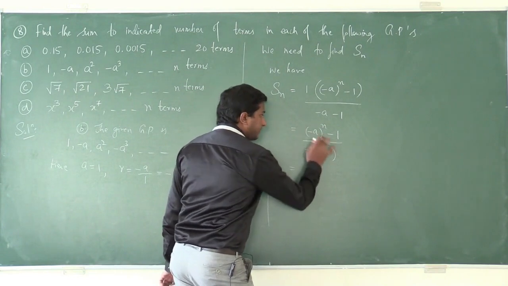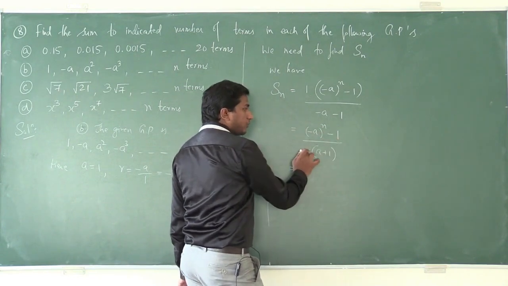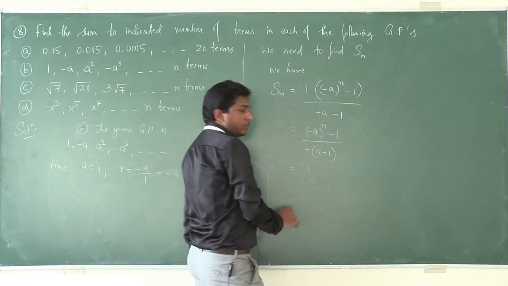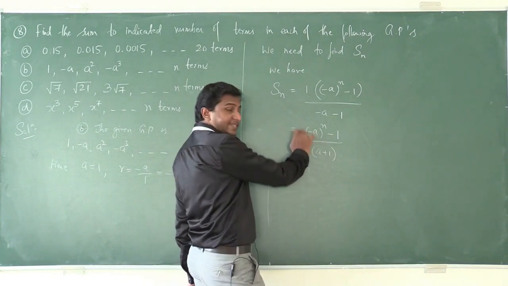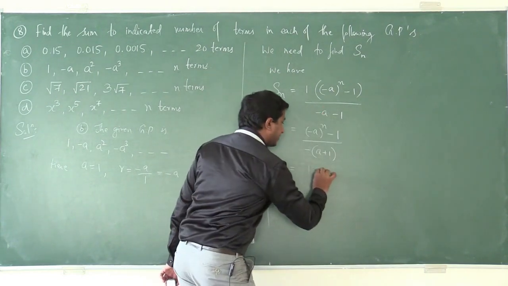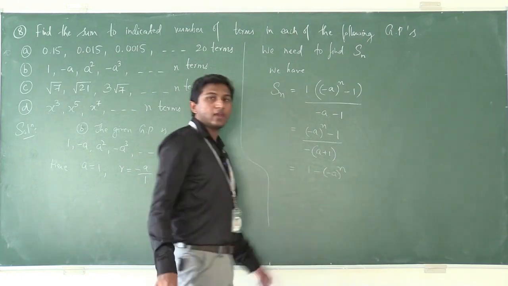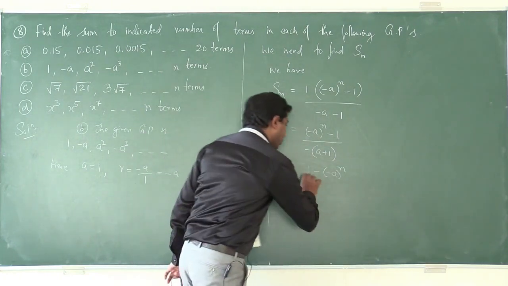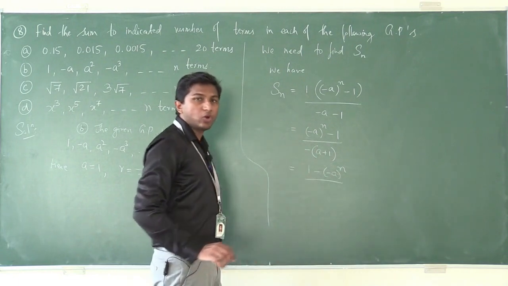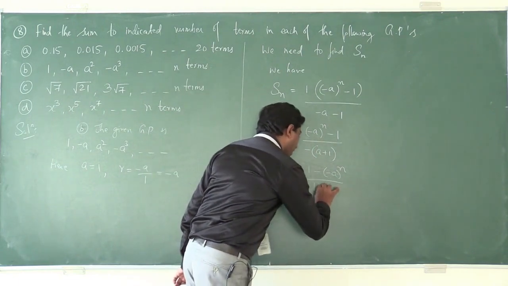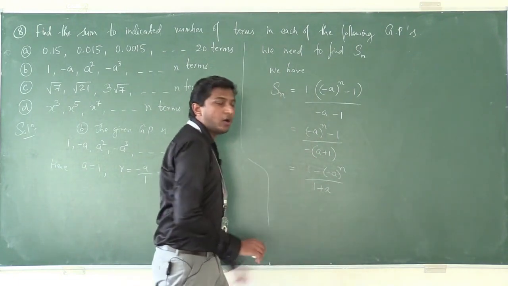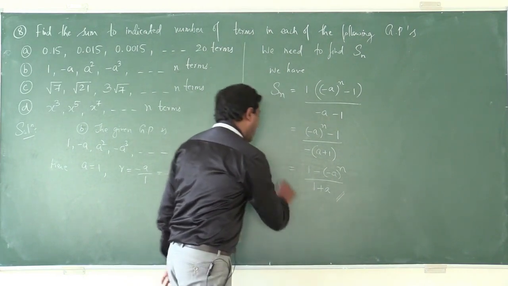Minus 1 into minus becomes plus 1. Minus 1 into minus a whole power n. I can write it as minus of minus a whole power n whole divided by, the denominator we are left with 1 plus a, or a plus 1.